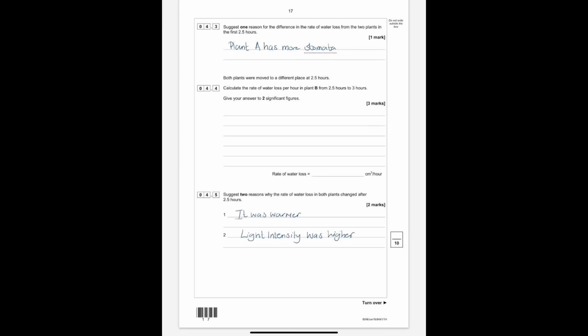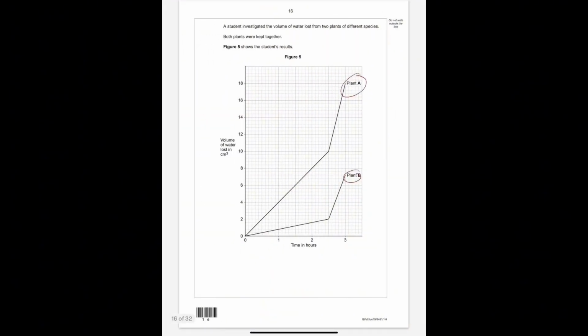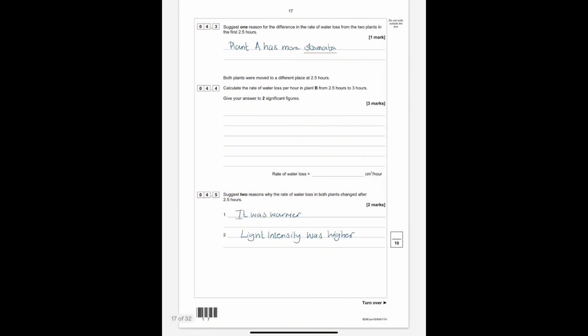But I've written down plant A has more stomata, and you can write it in converse for plant B as well. Okay, so I wrote down plant A has more stomata, which is the reason why the volume of water loss was quite high for plant A. Okay, right, let's go into 4.4.